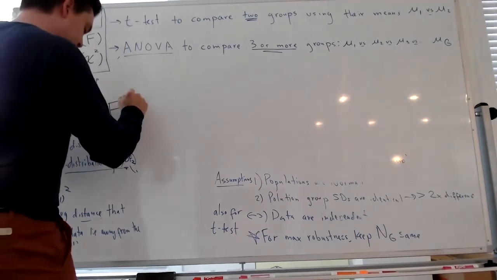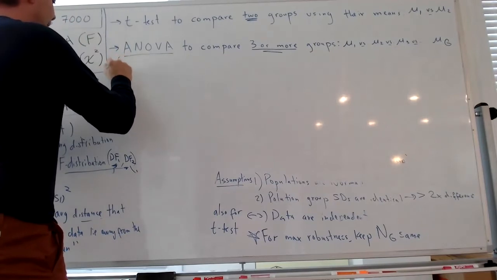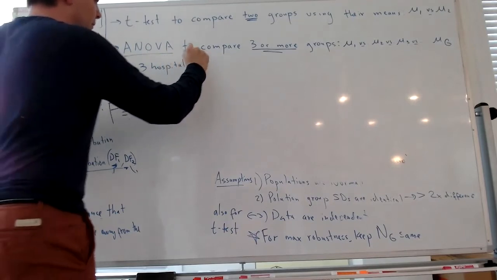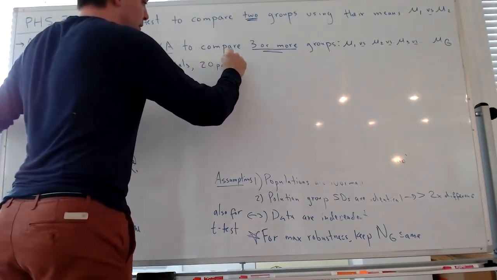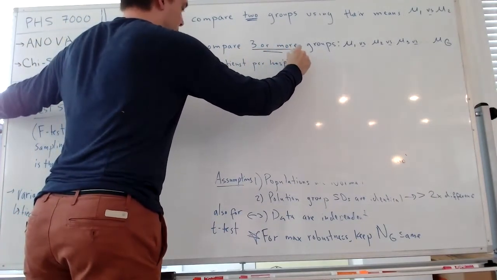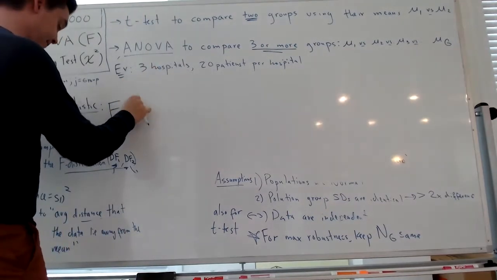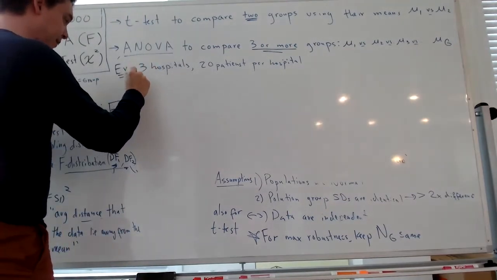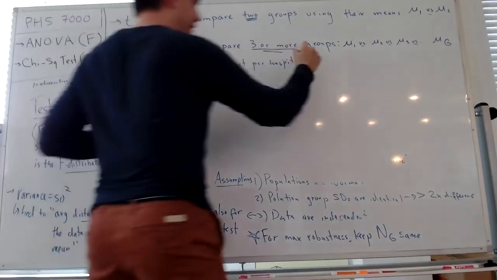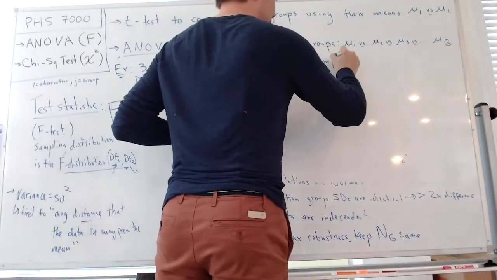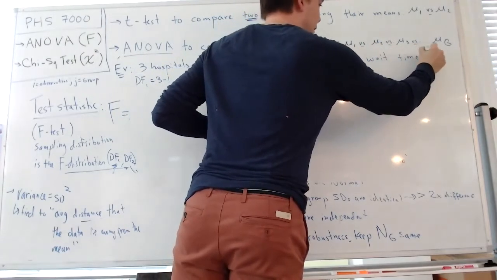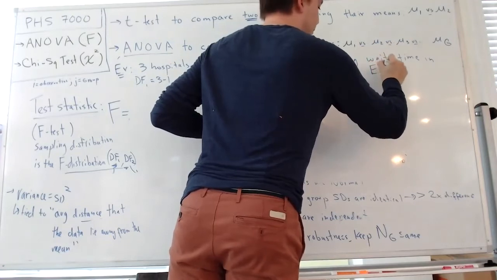Suppose, okay, so maybe you had 3 hospitals, 20 patients per hospital. So that means that our degrees of freedom 1 is 3 minus 1, right? 3 hospitals, 3 groups, and we're comparing wait time in the emergency room.